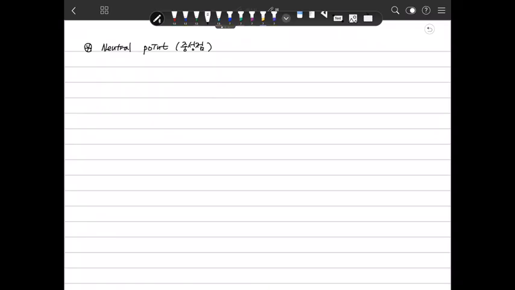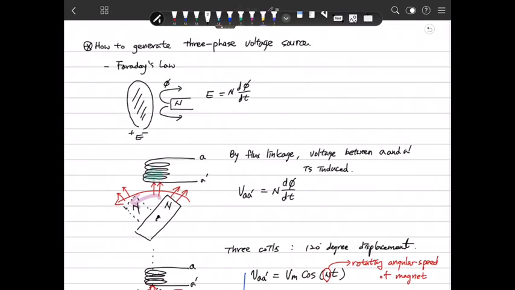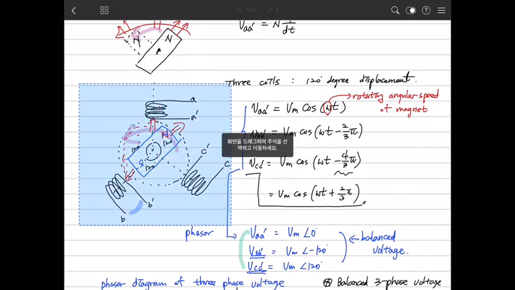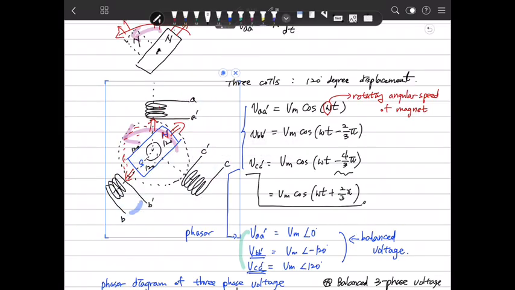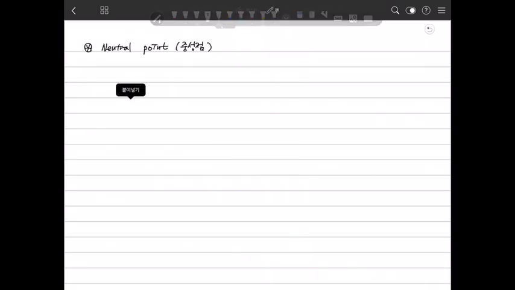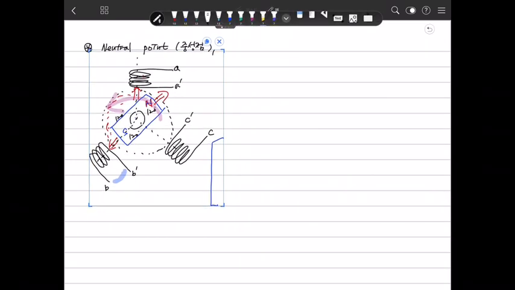But anyway, from this circuit, we have 3 voltages here. And from this process, we have three voltages. From here, we have three voltages.